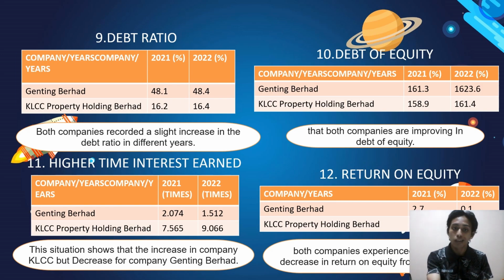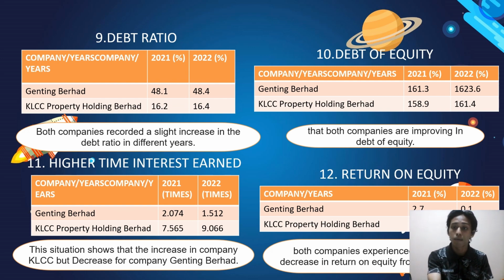For the debt ratio, it increased for both companies, but the increase is not high. For example, we can see that KLCC is just 0.02% higher from 2021 to 2022, and Genting Berhad just 0.03% higher.